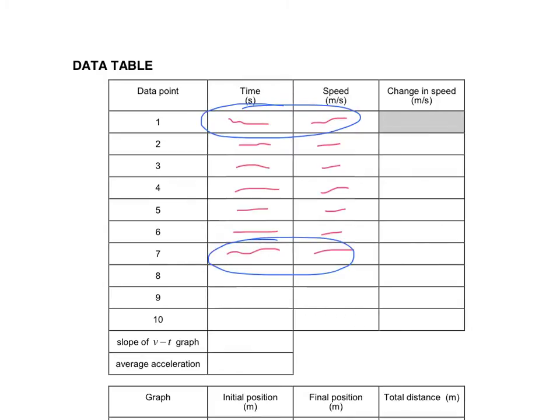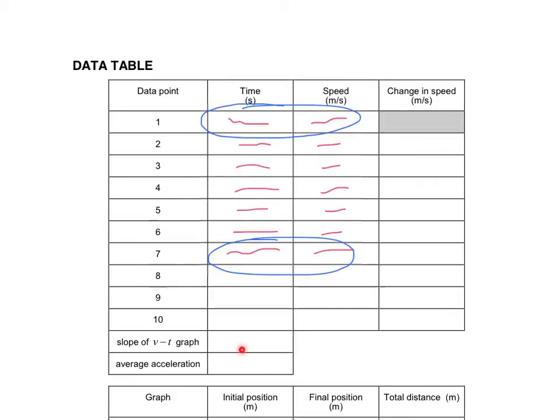And since you know that the average acceleration is equal to v2 minus v1 divided by t2 minus t1, what you're basically doing is taking this value for v2 minus this value for v1 and dividing it by this value for t2 minus this value for t1, and once you work out that average acceleration, that's what you're going to record into this box down here.